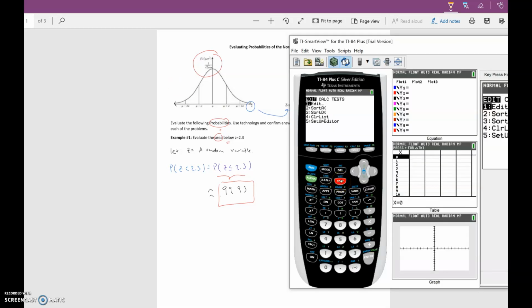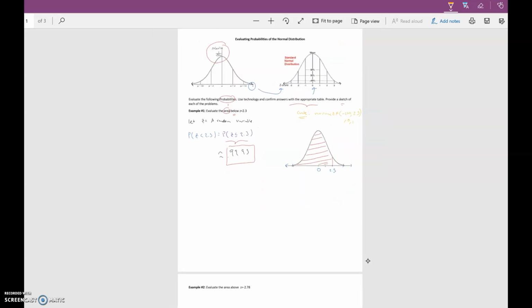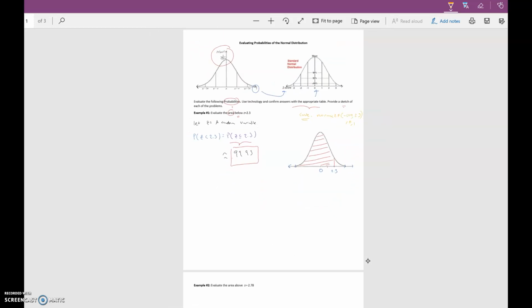And when we actually ran it, they were already there. So with your normal CDF, mu and sigma are already there, so you don't have to modify them. So technically that is the area to the left of this specific z-score, 0.9893.